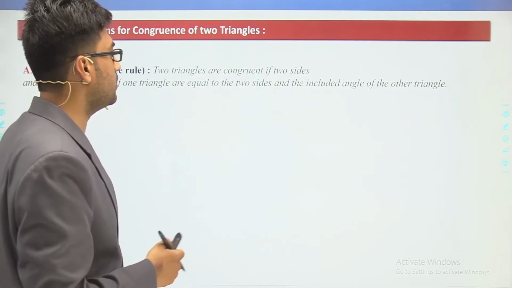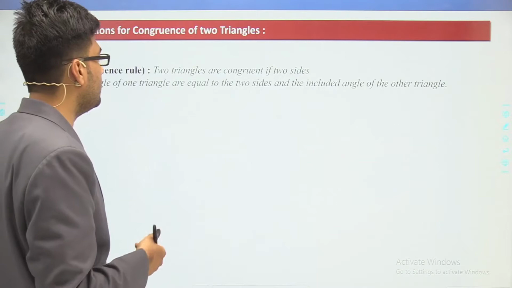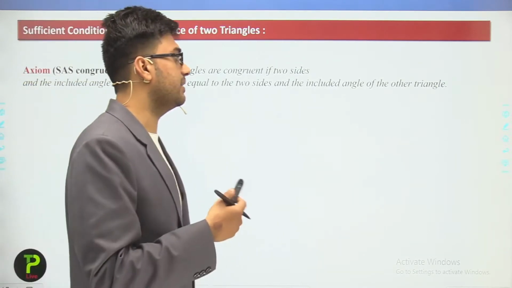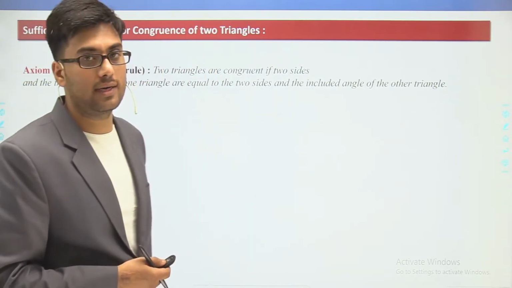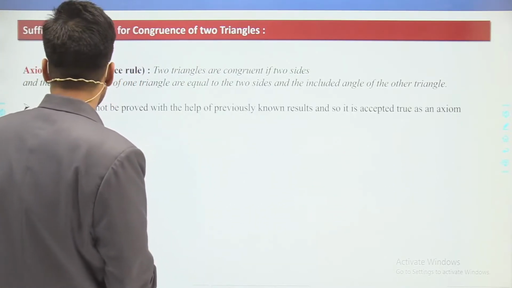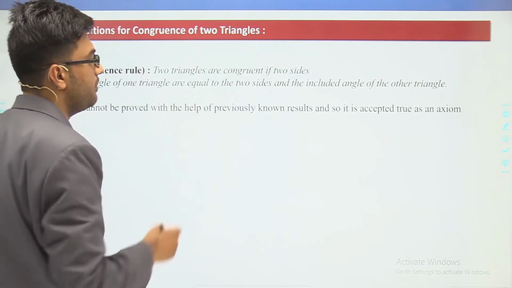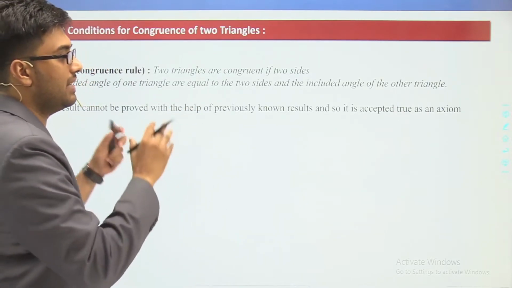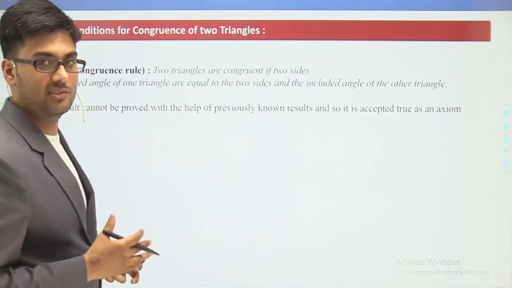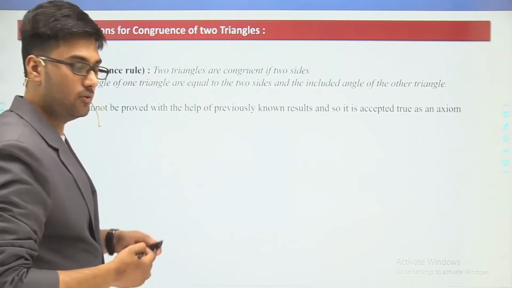Two triangles are congruent if two sides and the included angle of one triangle are equal to the two sides and the included angle of the other triangle. What is the meaning of this statement? So students, this result cannot be proved with the help of previously known results, so it is accepted as true as an axiom. We already discussed what an axiom is.